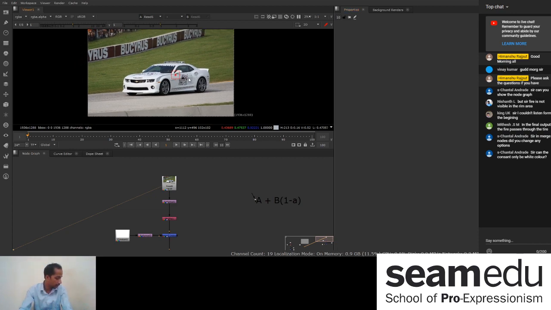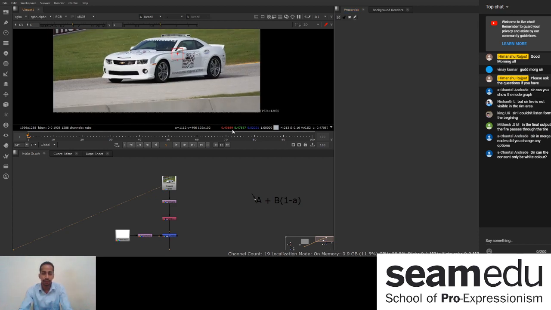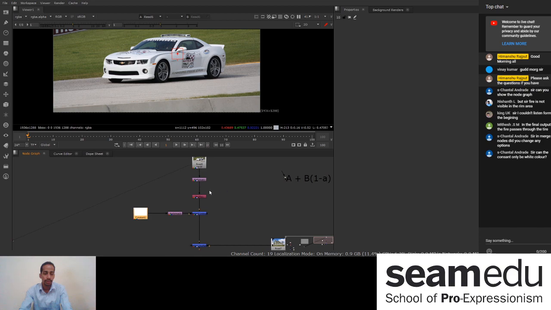It comes as 0.43, 0.47, and 0.52. So it's not one basically. I need to make it one, and then you can use that image also for subtracting the A. So it can be any image which has the value of one. It's not needed that you should have the constant node.